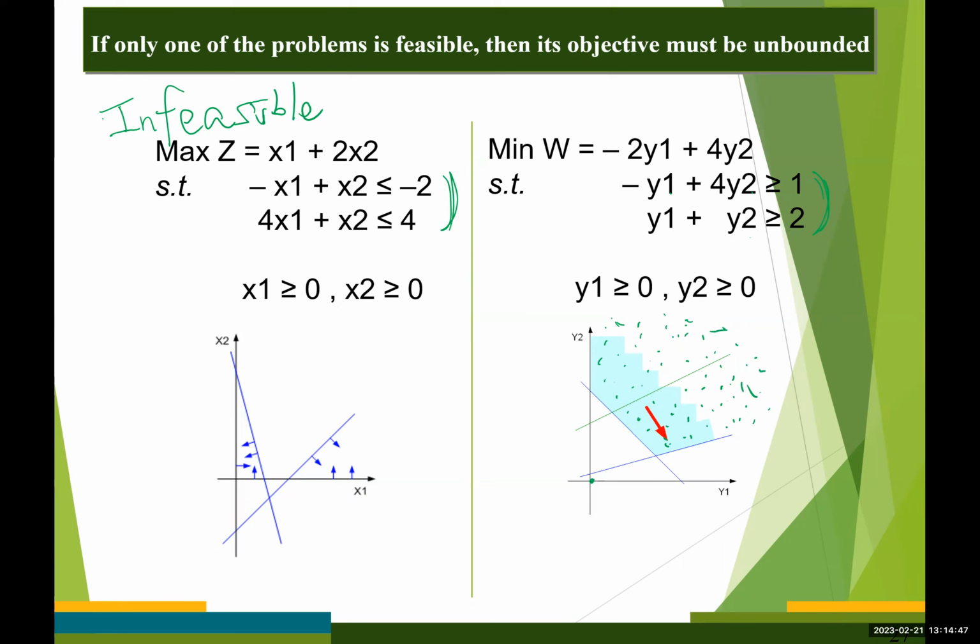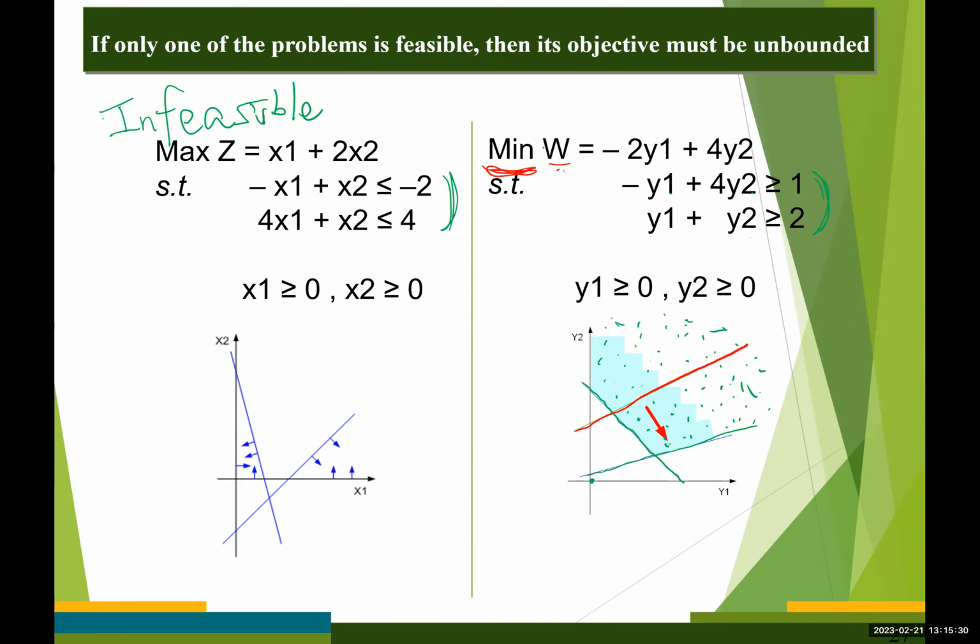So the feasible region should be the points above these two lines, and the line itself, okay? And let me change the color. And our isovalue line would be this one, okay? And in this case, our objective function value, W, will be improved, will be decreased, right? So we want to minimize the objective function, right?